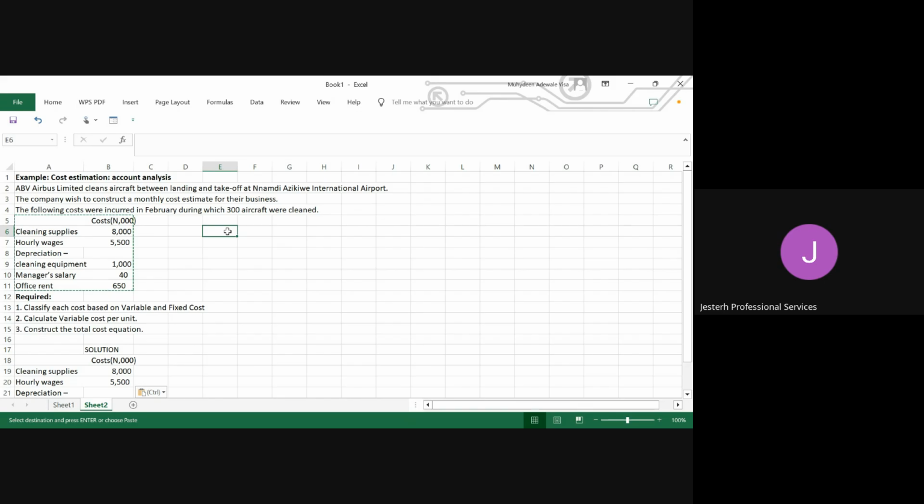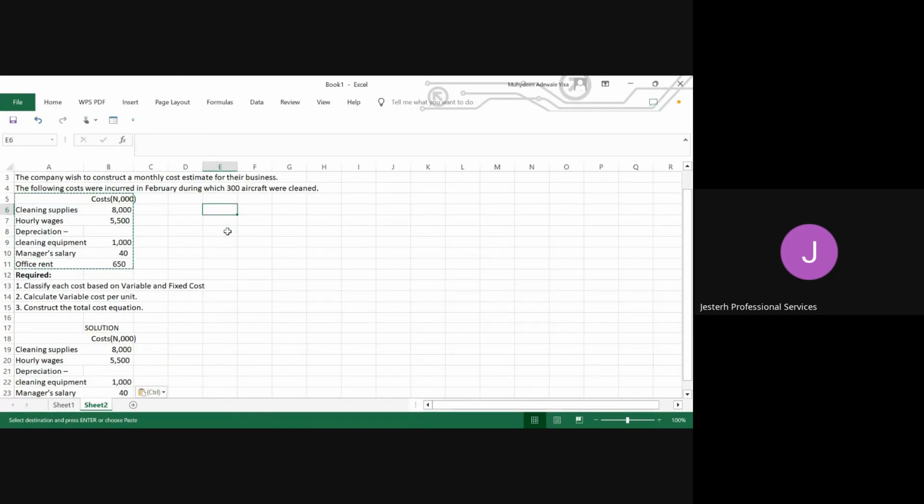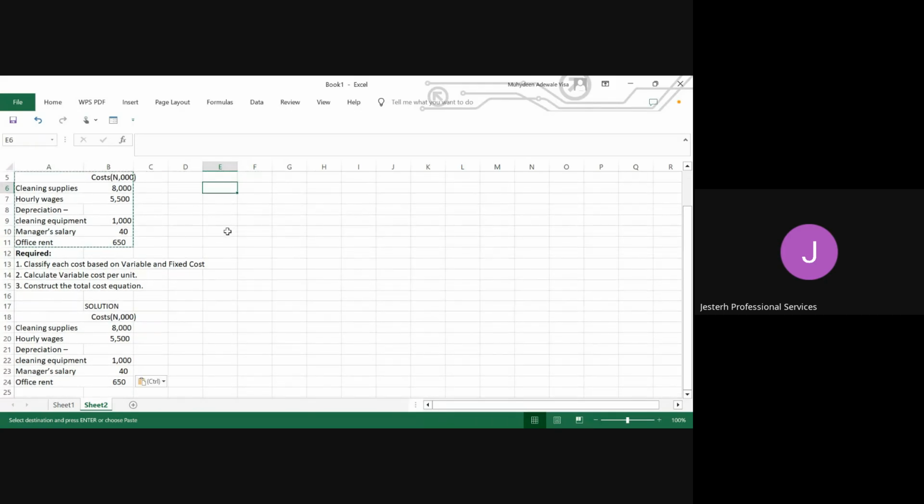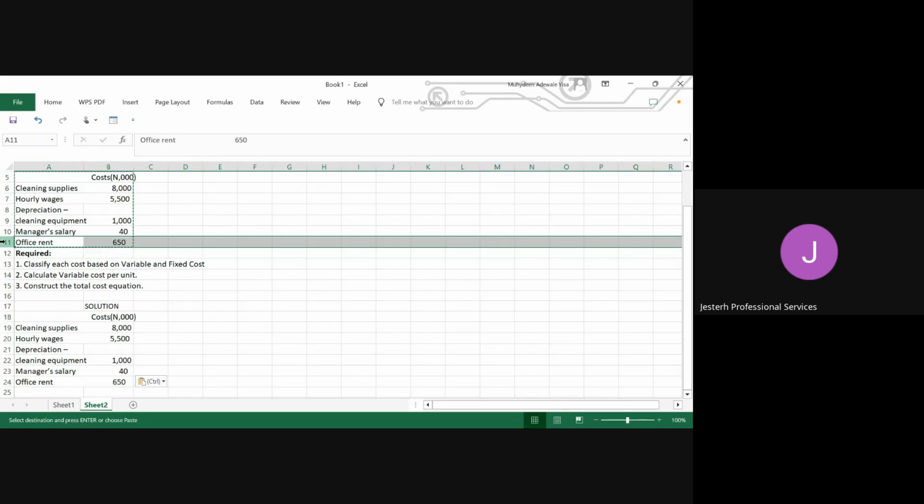This is intangible service that they are rendering, helping the aircraft to be cleaned whenever they take off and land. Now, the level of activities here is 300. You need to know. Don't just focus on the cost alone, because once you are only focusing on the cost and looking for where our level of activities is, you will become a little bit confused.